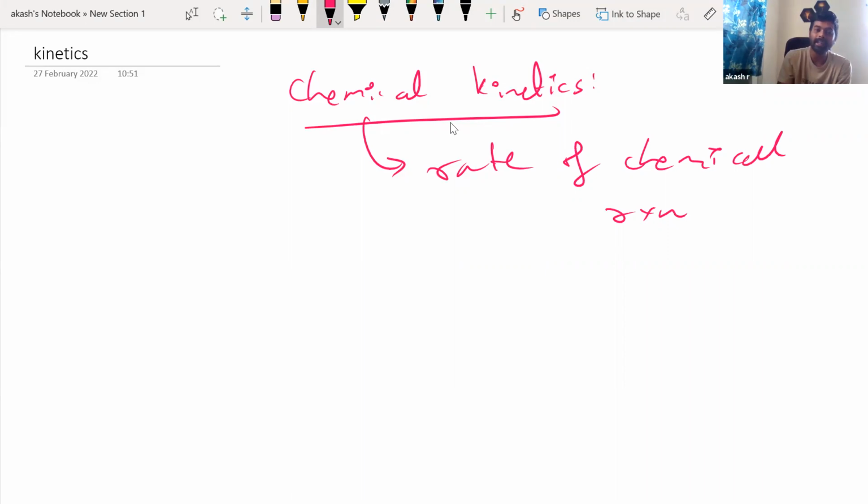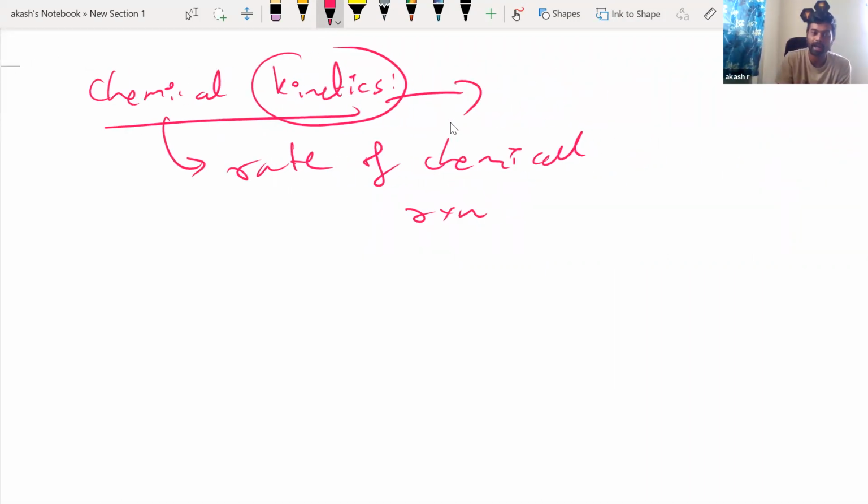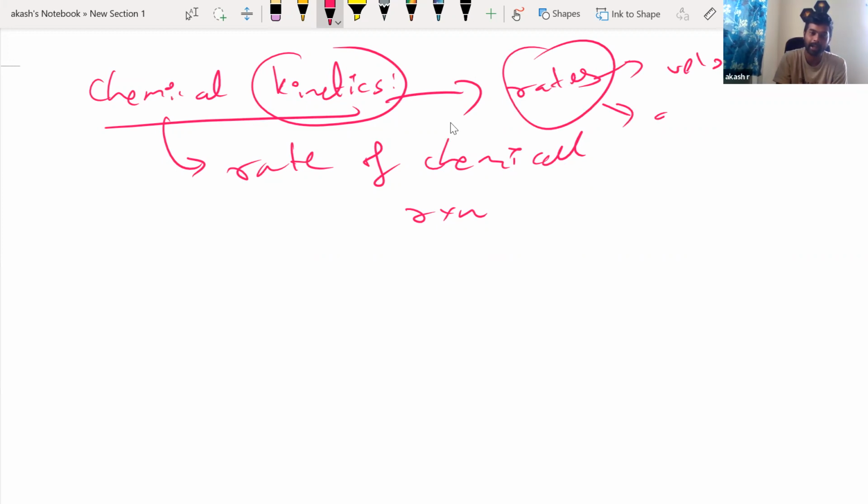Now, in your physics, you would have done kinetics, the study of motion, isn't it? So there also you have studied rates. Different rates you have studied. One rate is velocity, the other rate is acceleration.